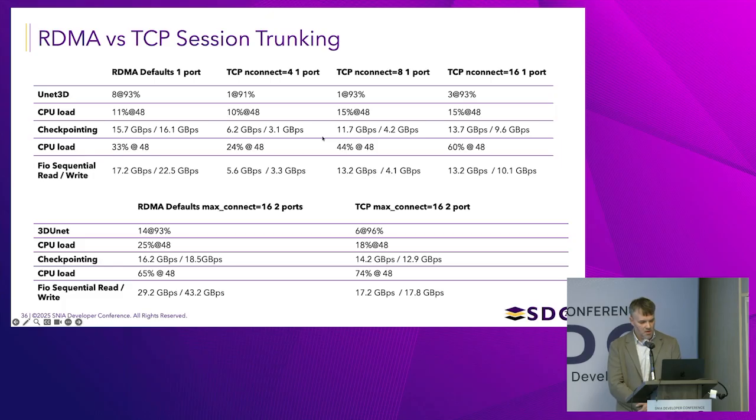With TCP multi-streaming, I was able to get almost the same performance for write operations as I got with an RDMA connection. And having 2 ports and using NFS multi-trunking, I was able to double the read performance.